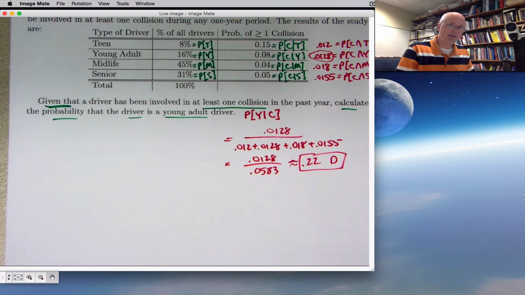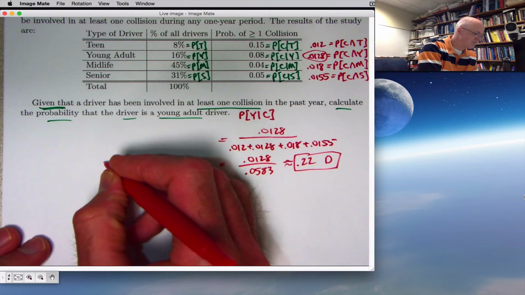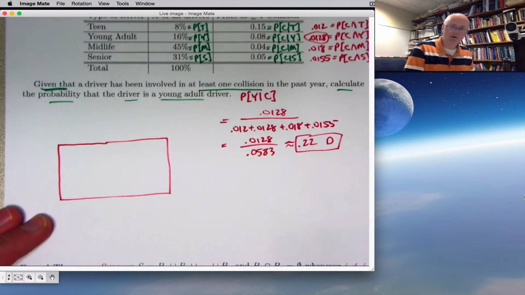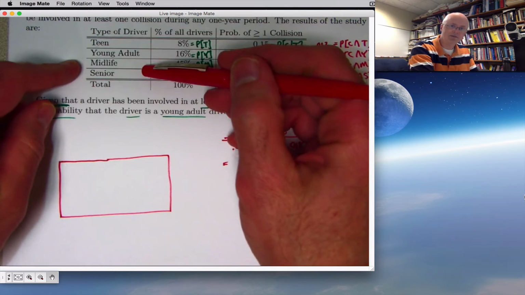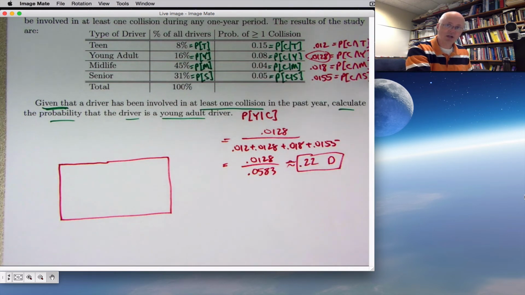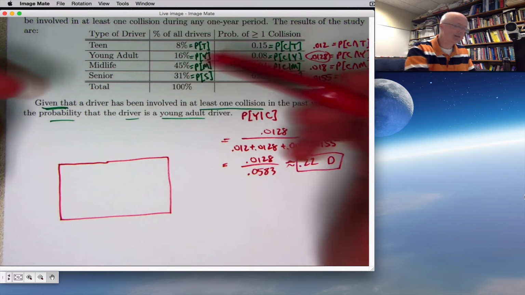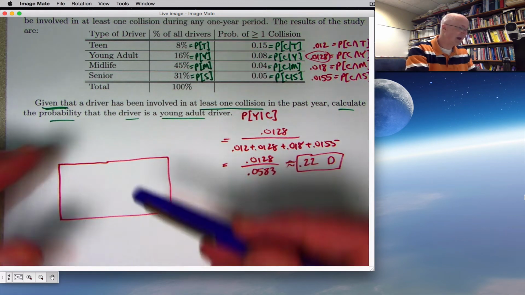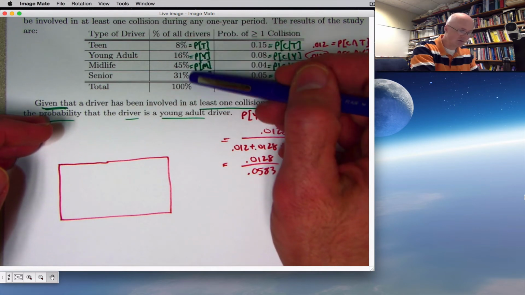But before we do that, let's make a Venn diagram and think about why this makes sense intuitively. So this represents the sample space, all the drivers. Again, these four events form a partition of the sample space. These are disjoint sets whose union is the entire sample space, and for intuition's sake, we can make the areas of these things the actual percentages that you see here.